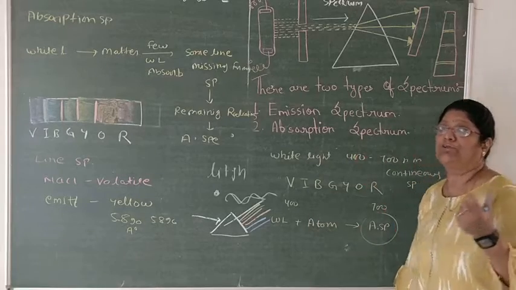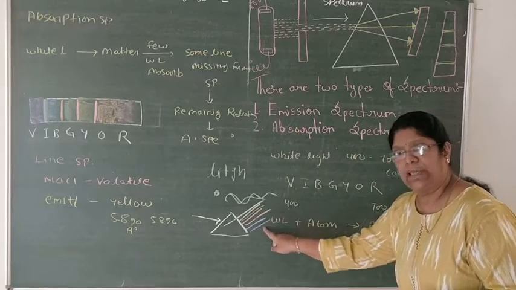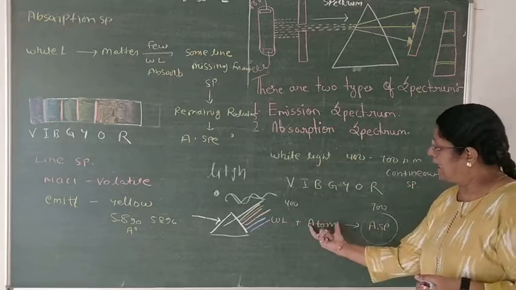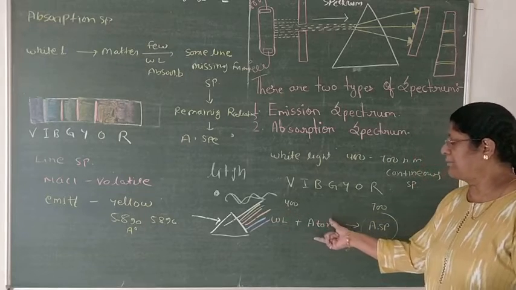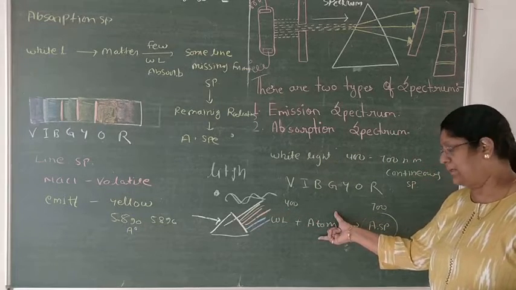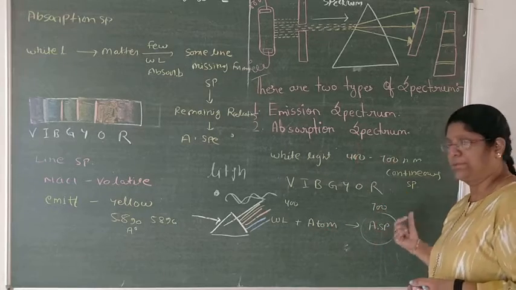To talk about absorption spectrum, we take white light, then we take any atom or matter. When this white light passes through an atom or matter, we get an absorption spectrum.